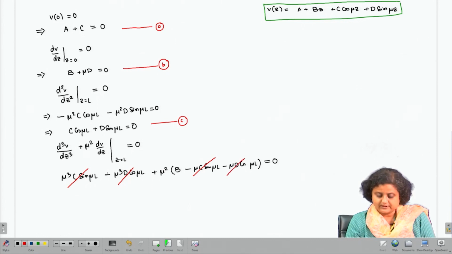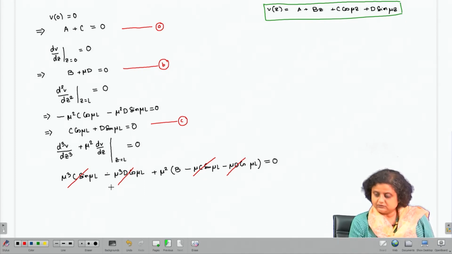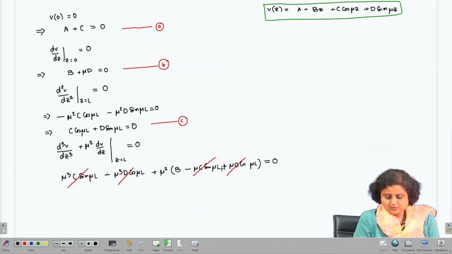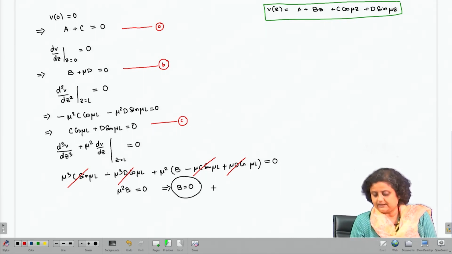We have made some mistake in the calculation of sign, so we are going to have this as minus mu. So, this is mu square B minus mu C, so this is plus, and this is going to get cancelled out. We will be left with only mu square B is equal to 0, which implies that B is equal to 0. Let me call this equation D.